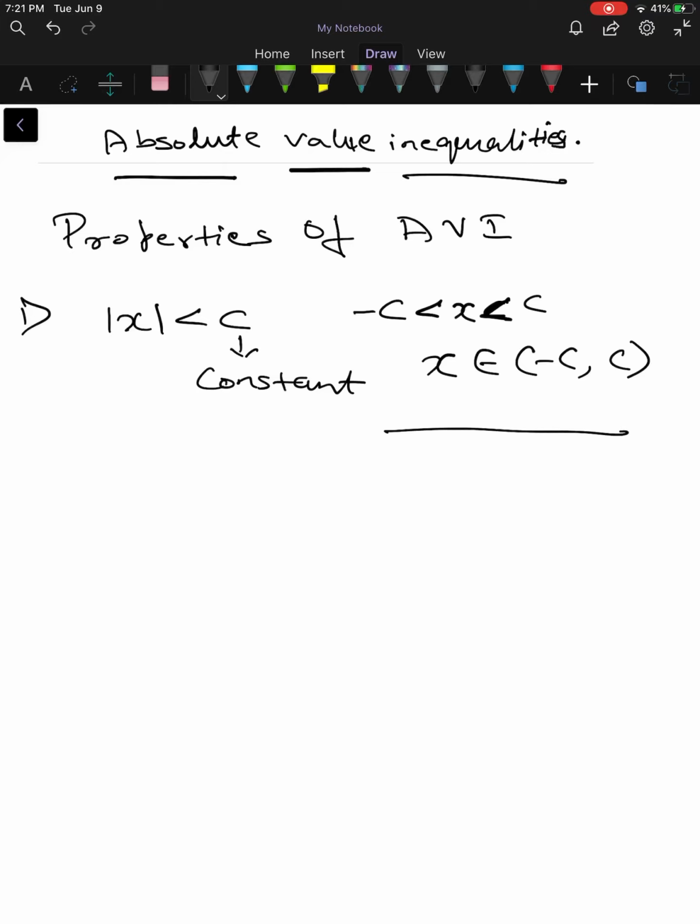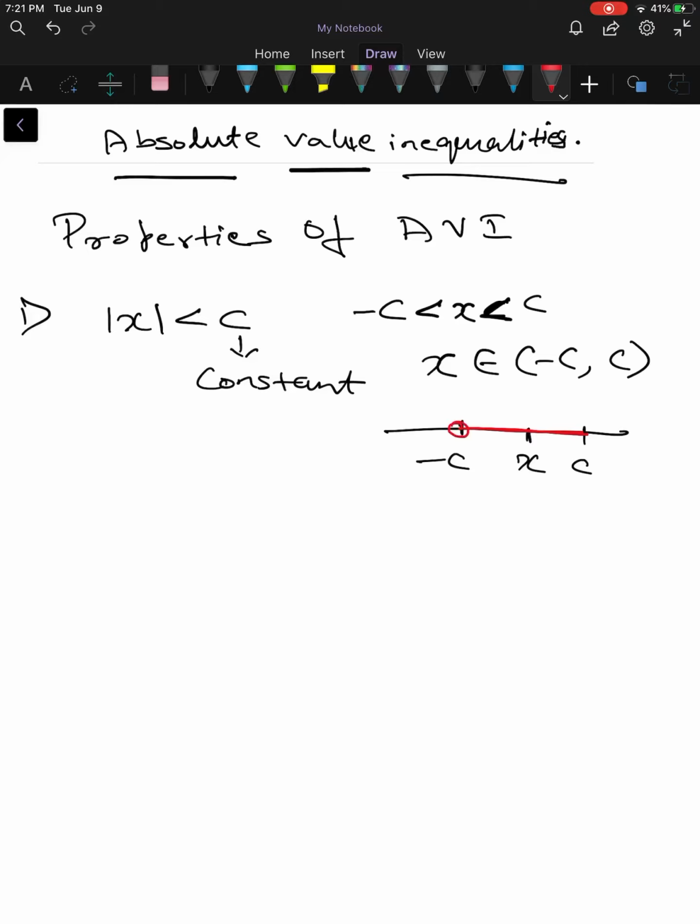So you already know how to plot intervals on the real line. If you have negative c and positive c here, x will take any value in between them. So you can shade all the real numbers between negative c and c, but do not include negative c and c.